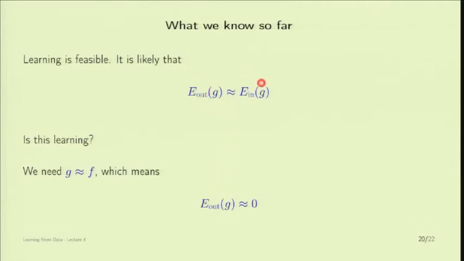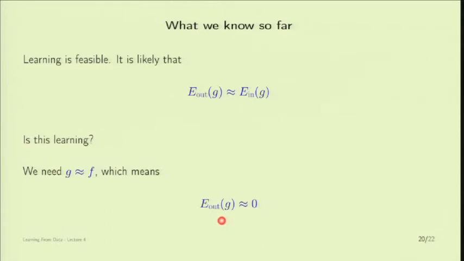Now, if it's not learning, what was it? Well, this was actually good generalization. And it's an important building block, because you never will have access to E out. If I gave you this as the condition, then you'd say, okay, a quantity that I will never know is close to 0. Thank you very much.